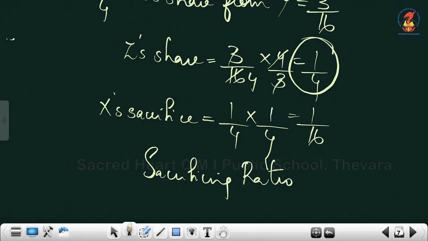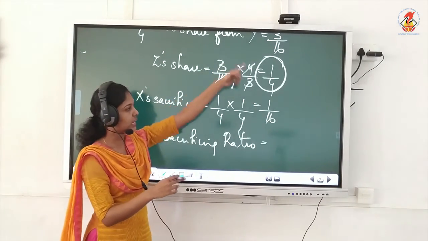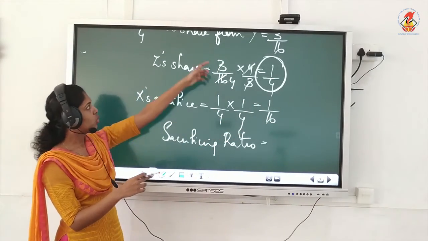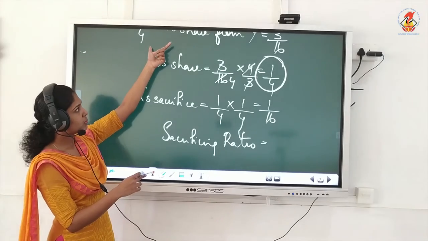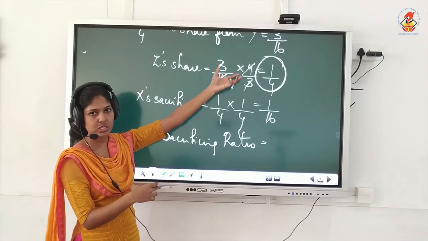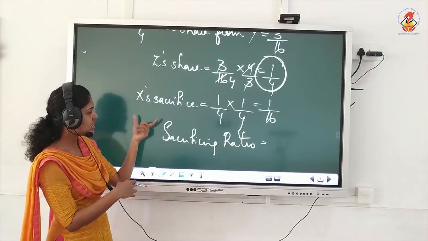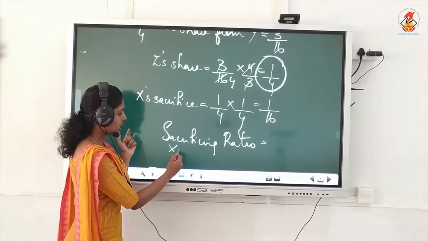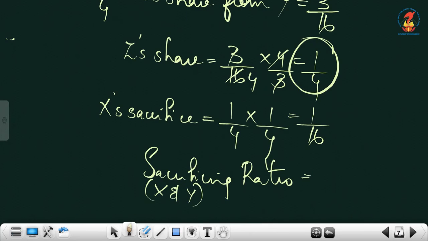Now you can write the sacrificing ratio. When you write the ratio, be very careful. Don't write 3:1 as the ratio. Though we found Y's proportion first, that was directly given. When you write the ratio, it should be between X and Y. The order of their names is very important.